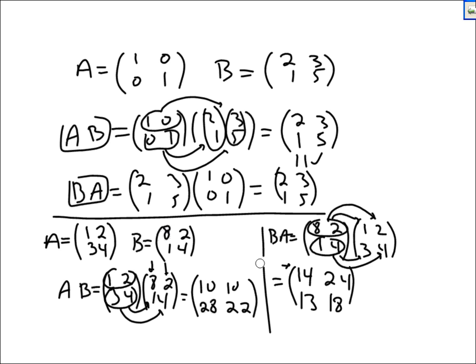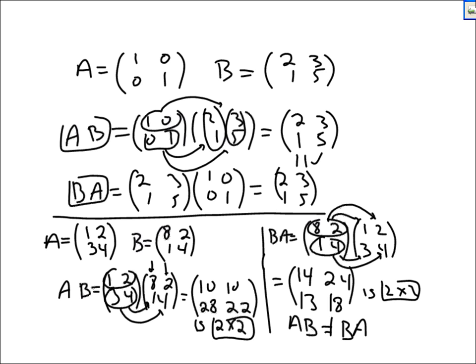Okay, so I computed AB and I computed BA and I say, oh, AB is not equal to BA. And for the record, they're both the same size. They're both 2 by 2s. They could have both been 5 by 5s, and AB does not equal BA. But in this case, they're 2 by 2s. So it is not always the case where AB and BA are equal.